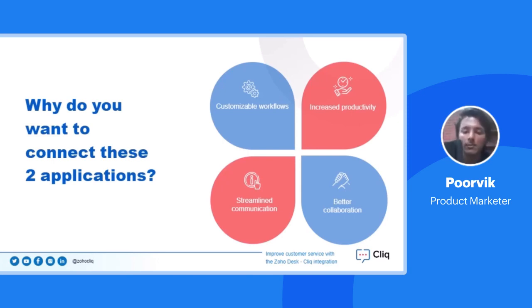Context switching might not seem like a big thing, because it's just a minute. I can just alt-tab to the other app and do whatever work I want. If I want to share a file from Zoho Desk to Zoho Cliq, I can just go to Zoho Desk, download the file, save it on my computer, go back to Cliq, and share the file from my computer. This might seem like a minute or two that's wasted, but on the grand scale, it's a lot more.